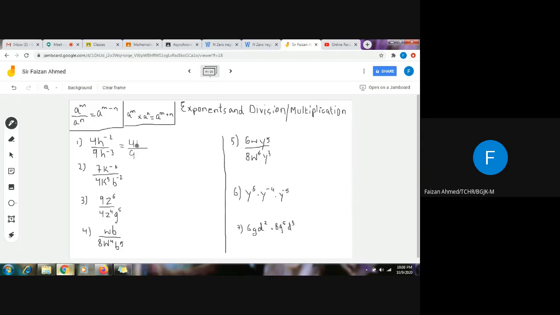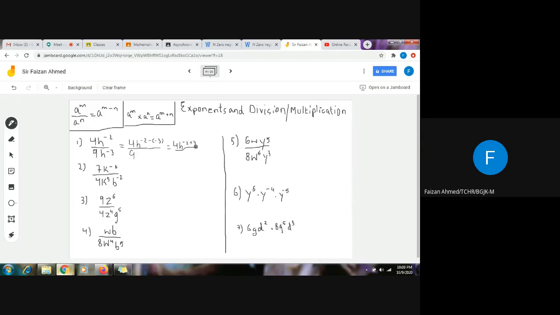So I will write h first, because I have to write the base once, and then minus 2. I will subtract the power, so I will use a negative sign according to the law, and then a bracket to write minus 3. After simplifying, I will get 4 upon 9, h to the power minus 2, and you know that minus and minus will be plus, so it will be plus 3.